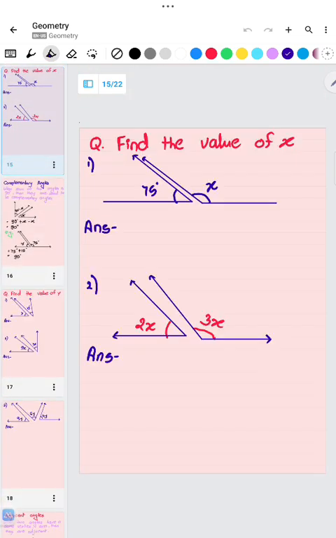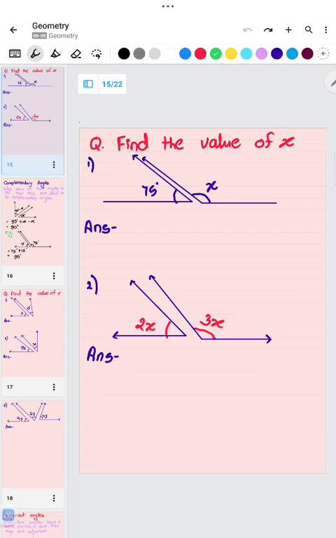There is one question. Find the value of x. Okay. Here, okay. 75 degree plus x is equals to 180 degree. Here is some supplementary angle.